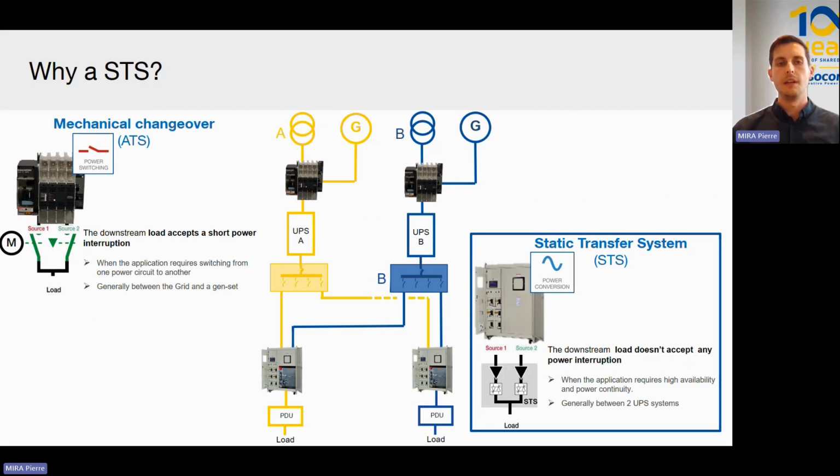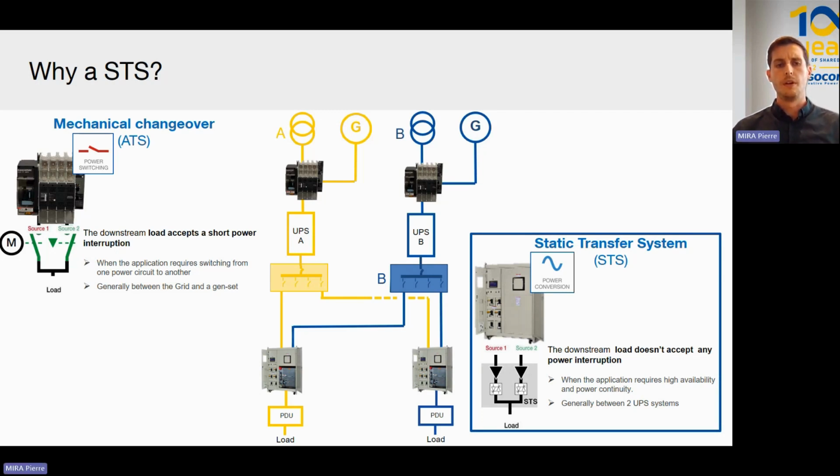So the battery inside the UPS will provide the power during the few seconds of downtime. However, below this UPS, you should have a static transfer switch. Why? Because if you have a UPS outage, the static transfer switch will be able to provide a transfer from the UPS A to the UPS B in 16 milliseconds, in one cycle.